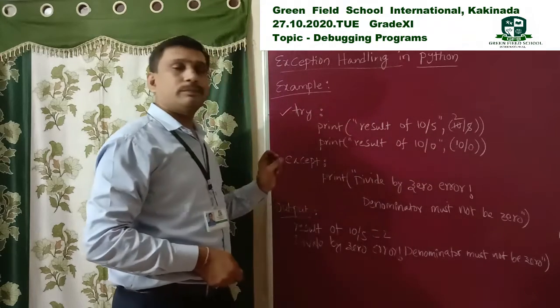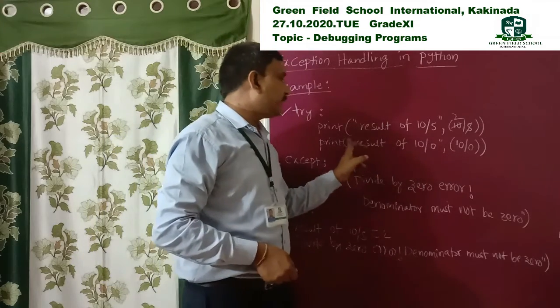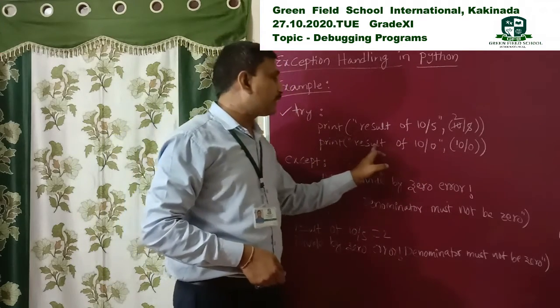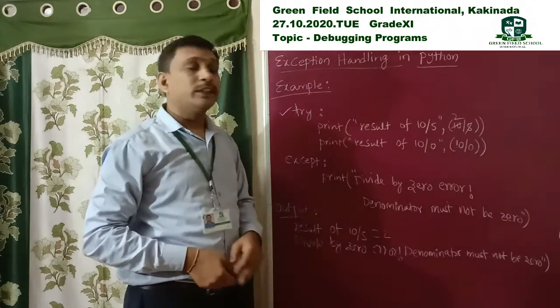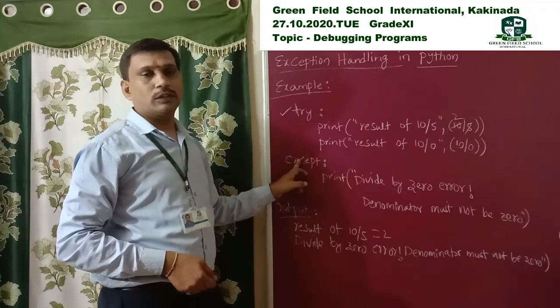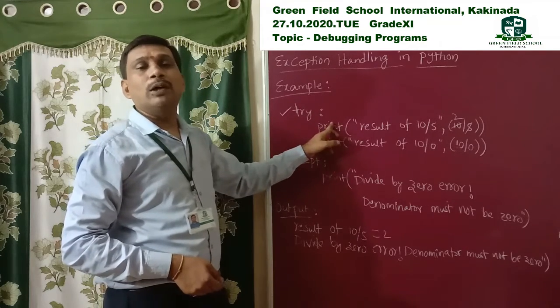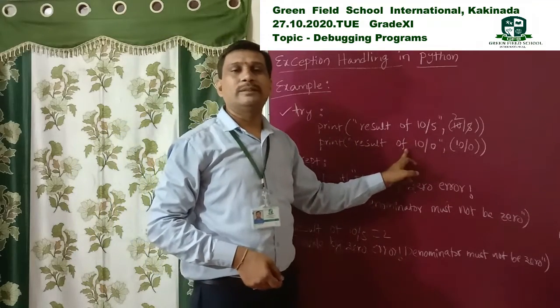Suppose we write an except block. When we execute the print statement for the result of 10 by 0, it raises an exception. Immediately control goes from the try block to the except block, and it handles this exception.